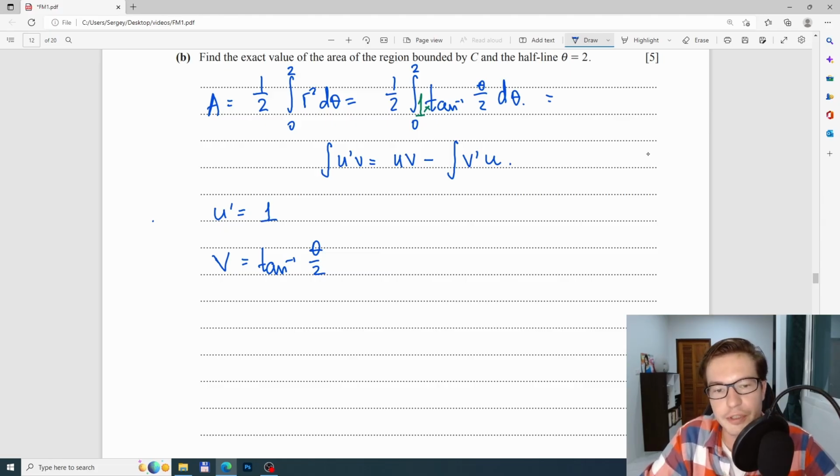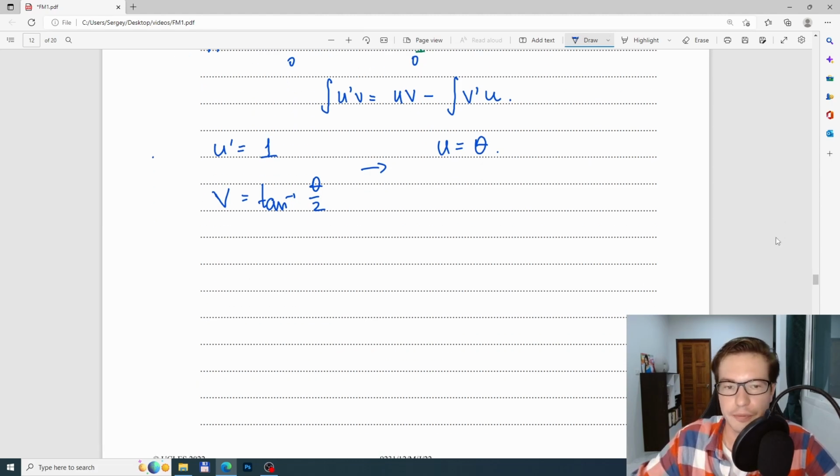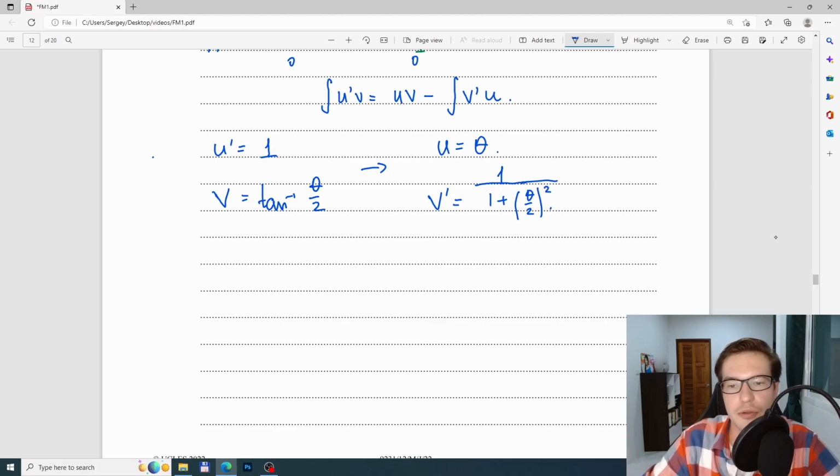Okay, so that means let's integrate u derivative with respect to d theta, so u equals theta. Now, the derivative of the inverse tangent, we can look it up in the formula sheet if we don't remember, but it's going to be 1 over 1 plus x squared, and in our case x is theta over 2, so this is squared. Then don't forget to use the chain rule, so we have to multiply it by the derivative of theta over 2, which is a half.